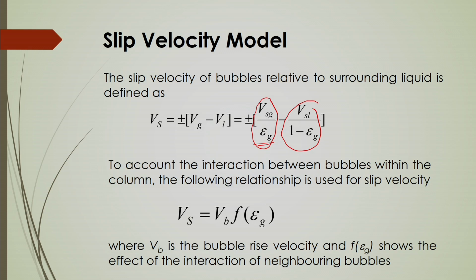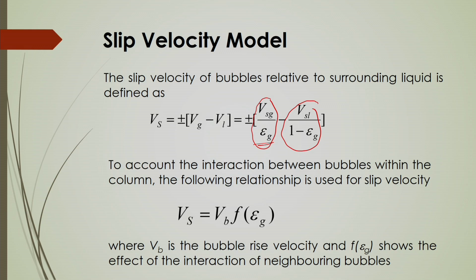So, if you know the gas hold up, then you can easily calculate the actual velocity of the gas and liquid. If you know the actual velocities of the gas and liquid, then you can easily calculate the slip velocity. For the downflow system, you have to consider the negative sign, and for the upflow system it will be the positive sign.